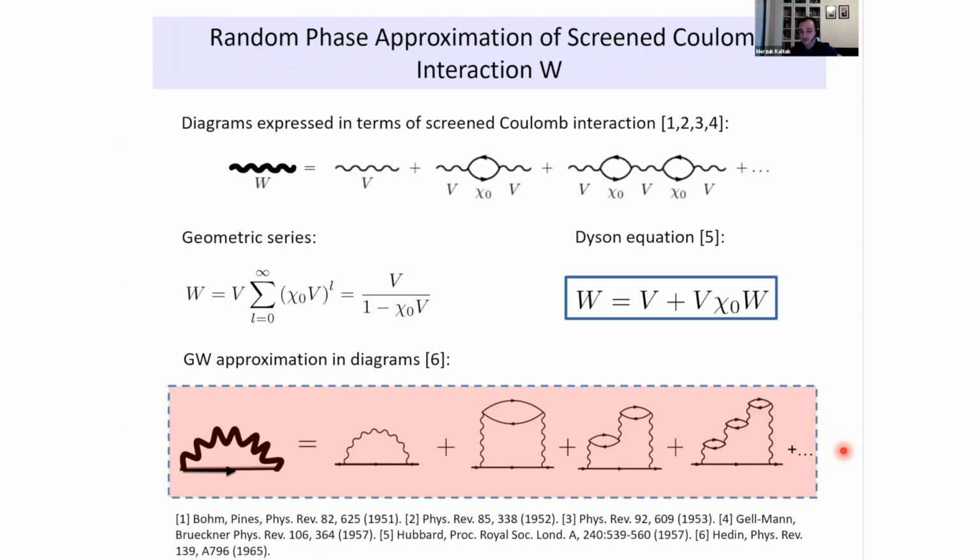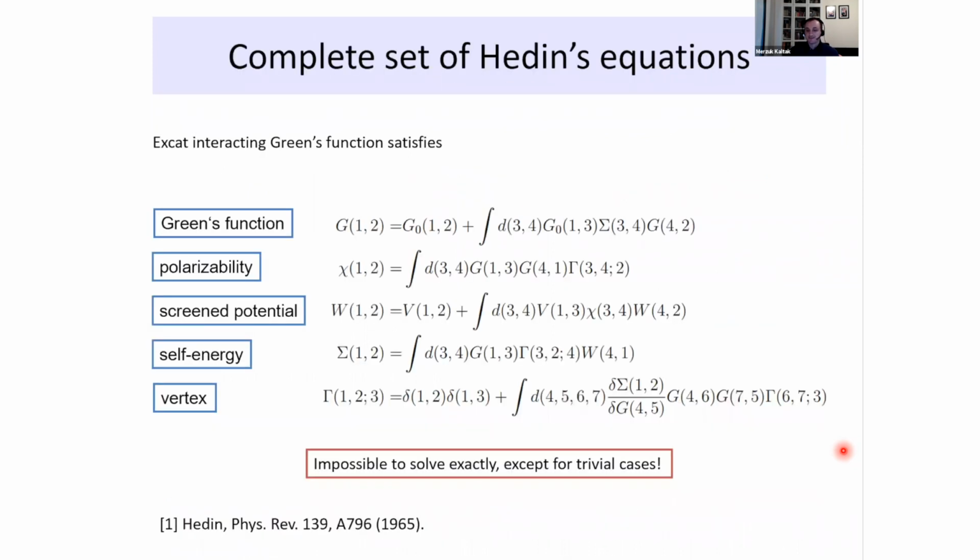However, if you include all diagrams, probably a better way to approach this topic is to use Lars Hedin's equations. So if you translate these diagrams into equations and define 5 objects, you end up with a set of 5 coupled equations called the Hedin's equations.